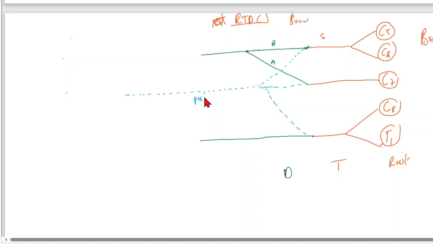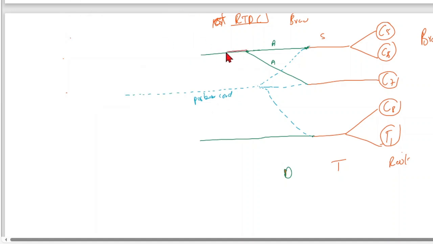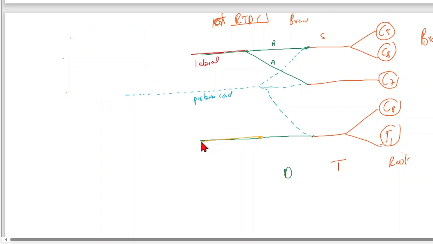This is the posterior cord, and this is the lateral cord. We will see why it is called the lateral cord. And this is the medial cord.